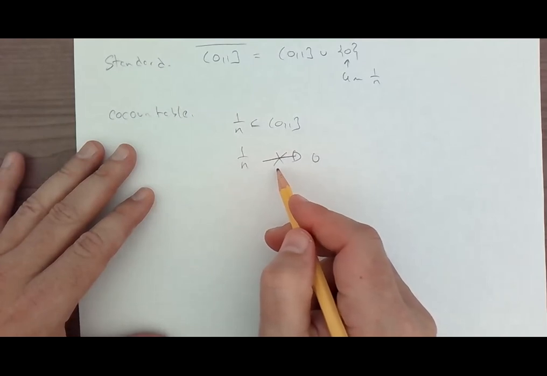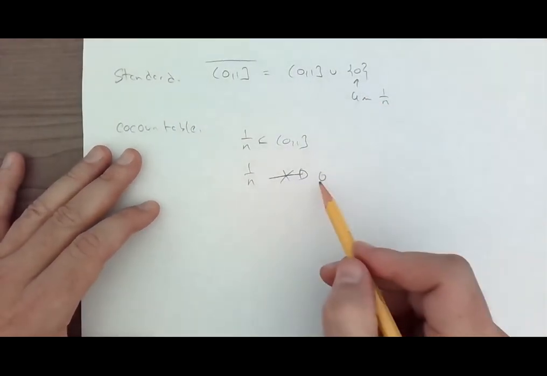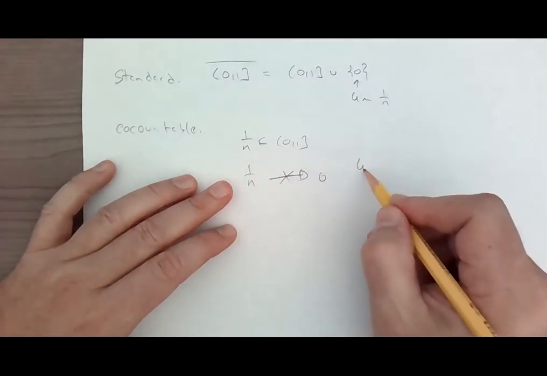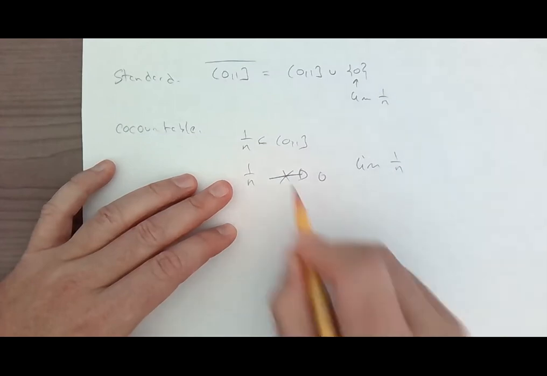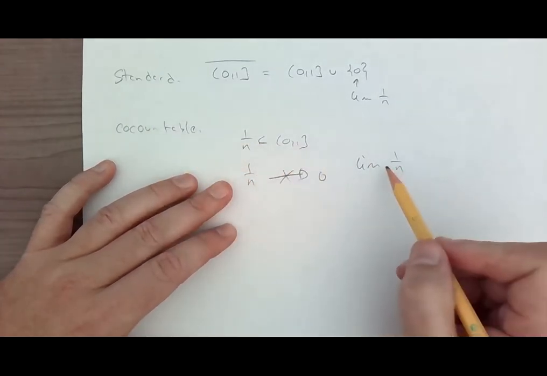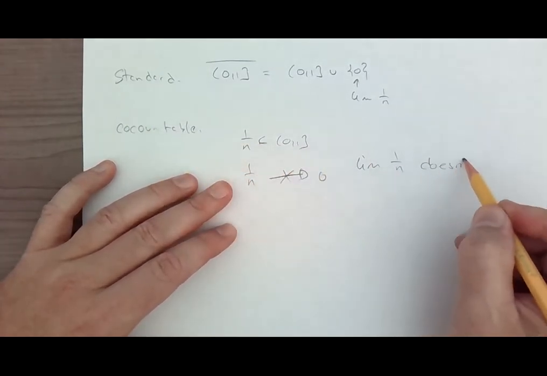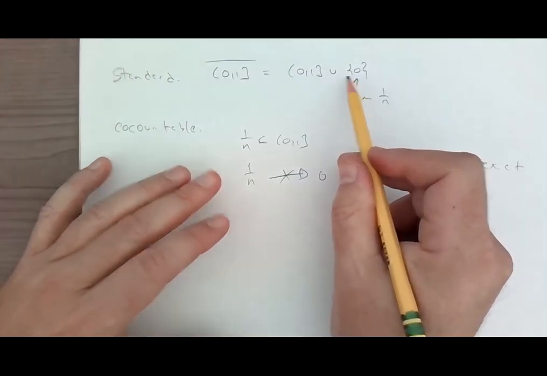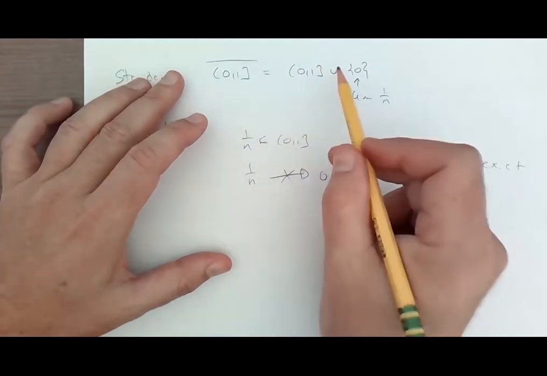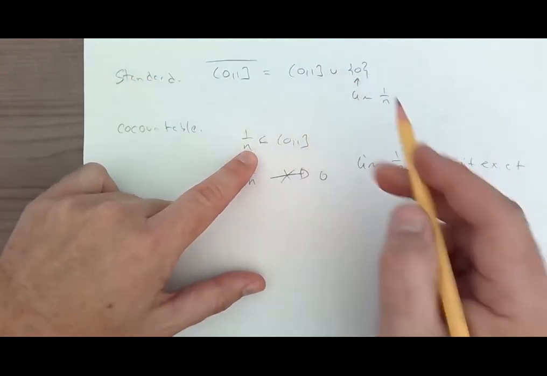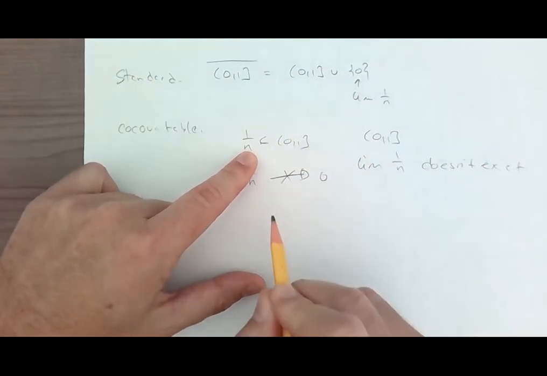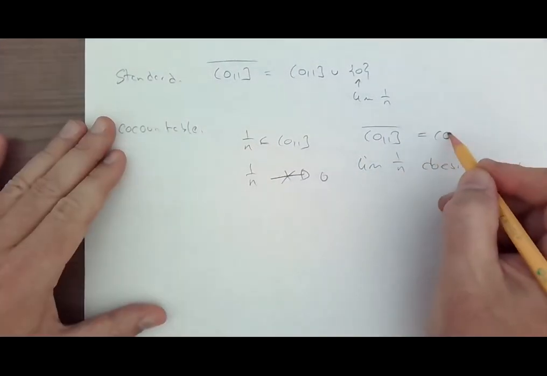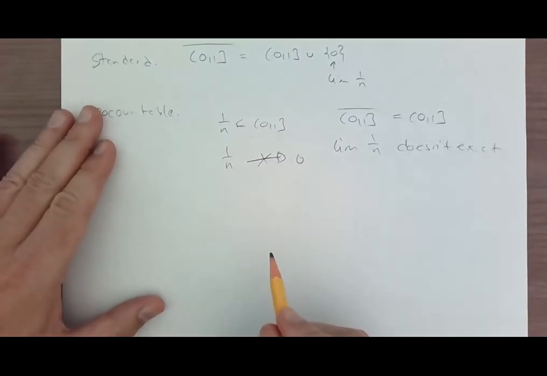So I am not allowed to write a limit of 1 over n in this co-countable topology because this does not exist. Right, so then I'm going to have a problem up here. How am I going to write 0 to 1's closure? If I'm not mistaken, I actually think the closure is exactly this.